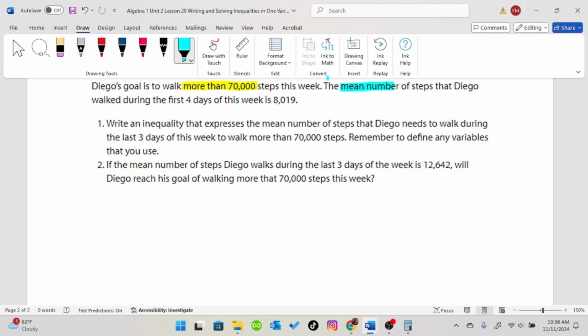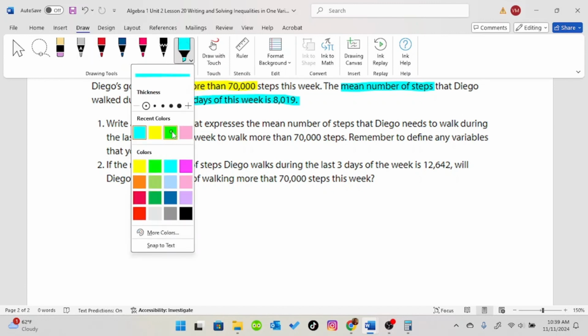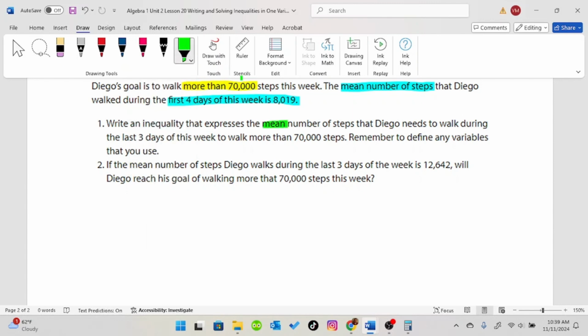The mean number of steps during the first 4 days is 8,019. Write an inequality that expresses the mean number of steps Diego needs to walk during the last 3 days to walk more than 70,000 steps.